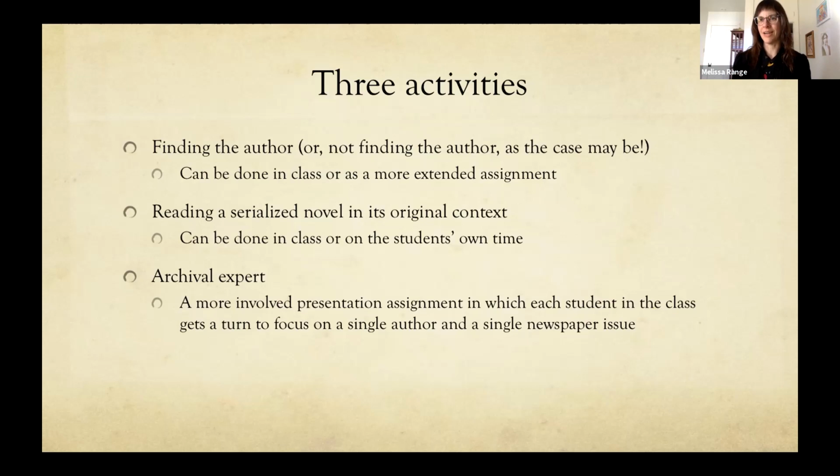And sometimes we find surprising things, like David Walker wrote The Appeal to the Colored Citizens of the World, which is a really fiery political tract. It wasn't very well known that he also ran a thrift store in Boston. That was his work. So that was something interesting to think about, what communities was he involved in.